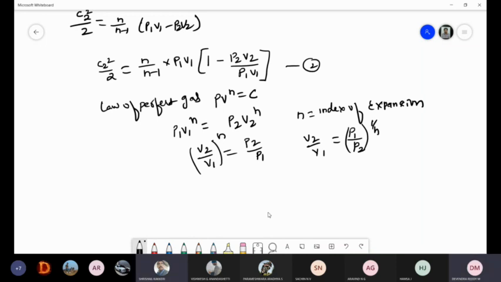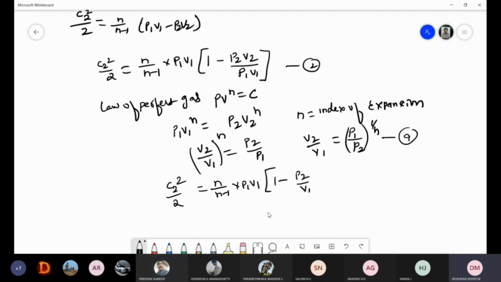Now substitute the value of V2 by V1 in this equation. This equation I will take as A. The equation A I am substituting in equation 2, where exactly the V2 by V1 appears. Now I will write the equation C2 square by 2 equals n divided by n minus 1 into P1 V1 into 1 minus P2 by P1.